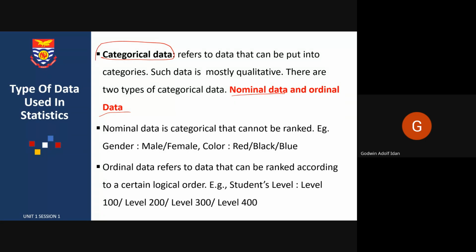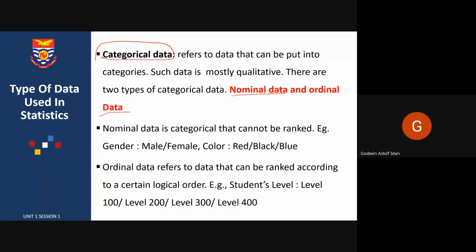Remember their explanation. They are the data sets that we can only put into categories. So mostly qualitative data is also referred to as categorical data.